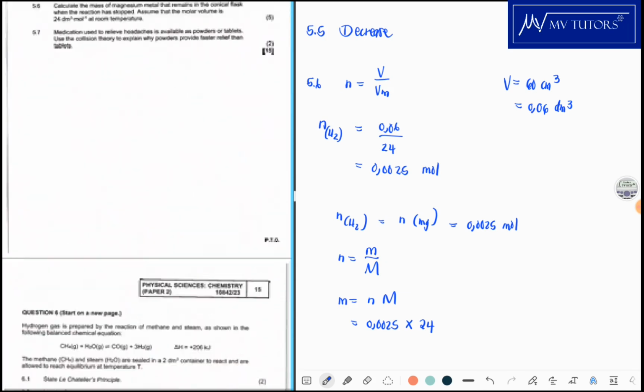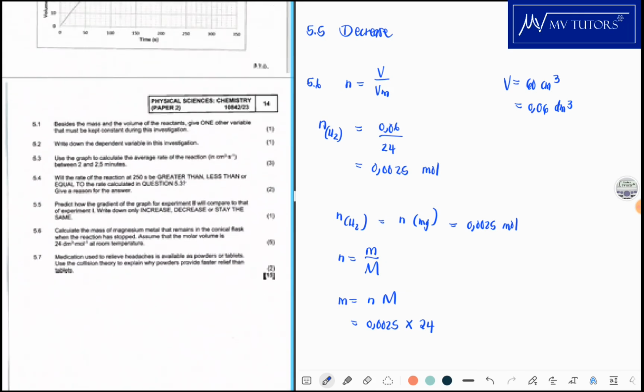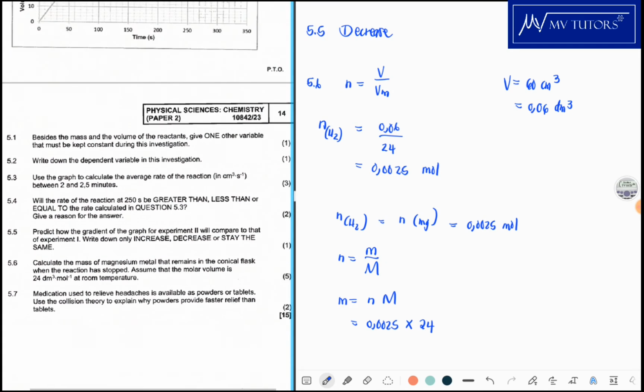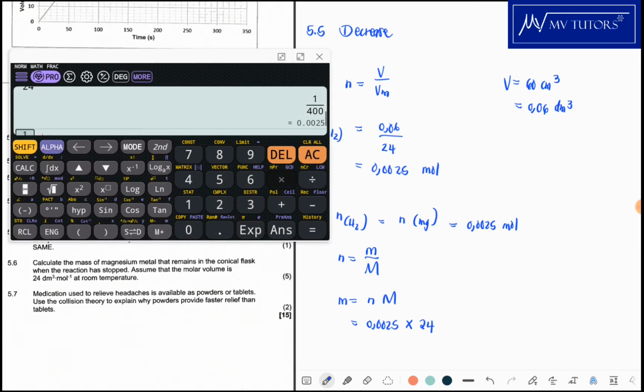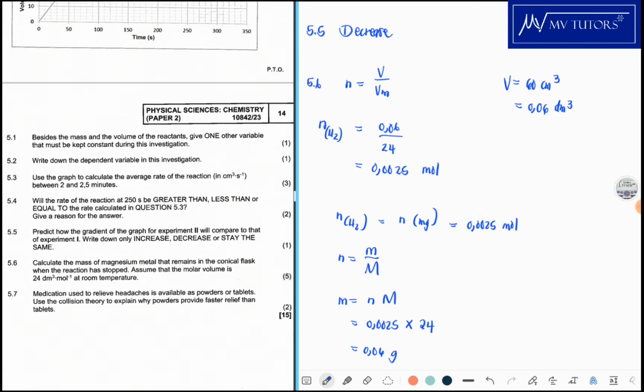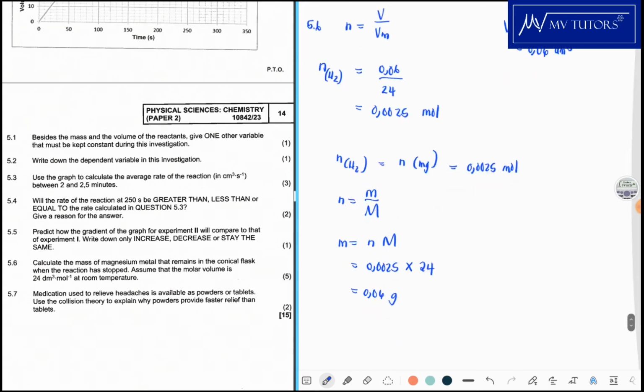Okay, coming back to our question over here. So there we go, 0.0025, multiply that by 24, and we get 0.06 grams. Okay, and yeah, so that is the magnesium that has been used up. Now they asked us to calculate the mass of magnesium that remains.